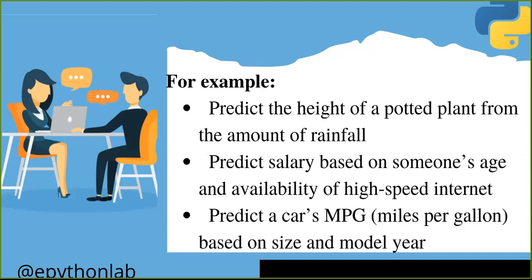For example, predict the height of a potted plant from the amount of rainfall, predict salary based on someone's age and availability of high-speed internet, and predict a car's miles per gallon based on size and model year.